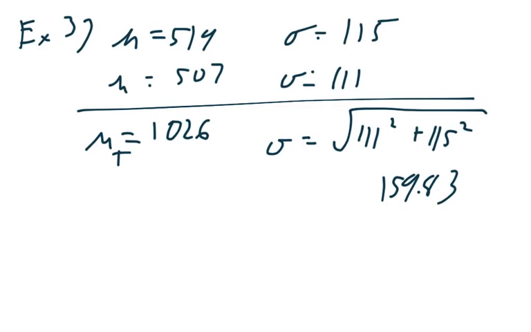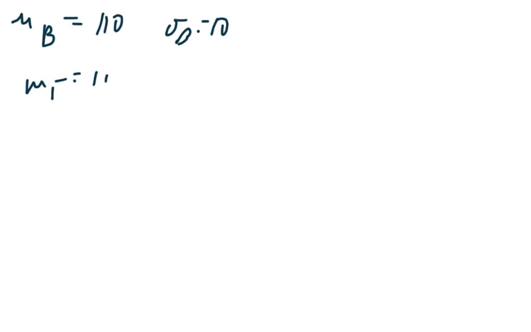And one more here with a normal distribution. Bob has a mean of 110 and a standard deviation for Bob is 10. Tom has a mean of 100 and the standard deviation for Tom is 8.